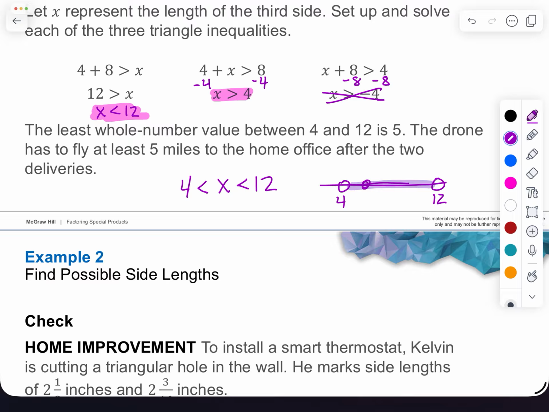That's our number. The least whole number would be 5. So it would have to fly at least 5 miles to the home office after the 2 deliveries. I hope that kind of makes sense what we're looking at in here. We're looking for solutions. It has to be greater than 4, has to be less than 12, and we're looking for the next whole number.